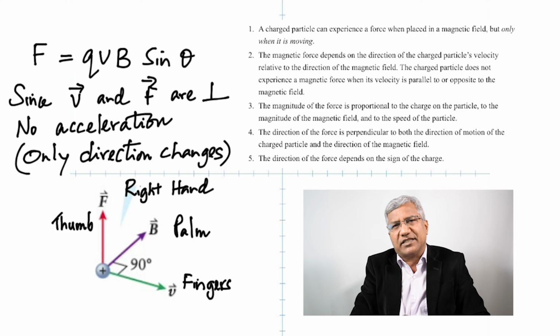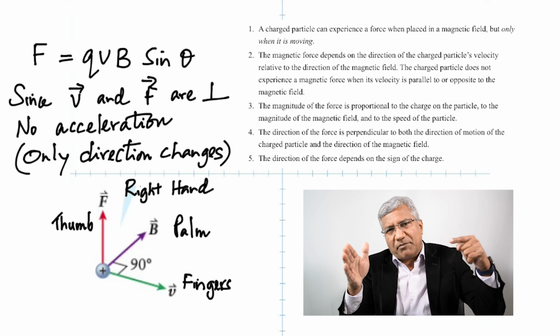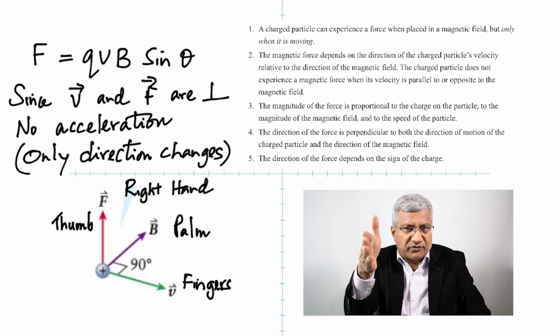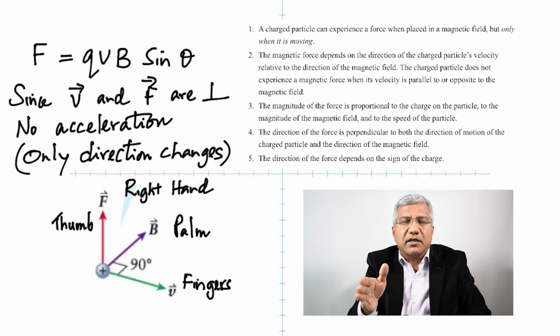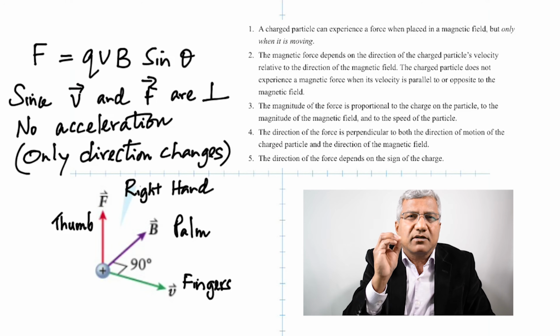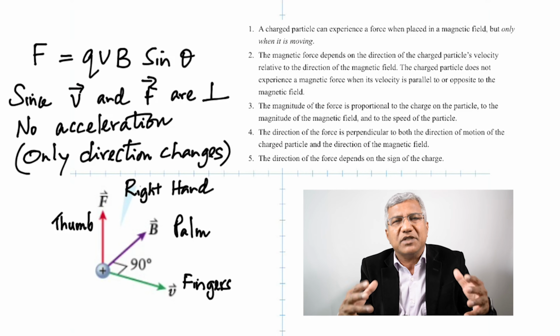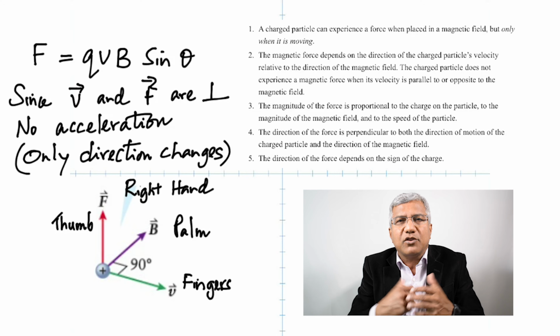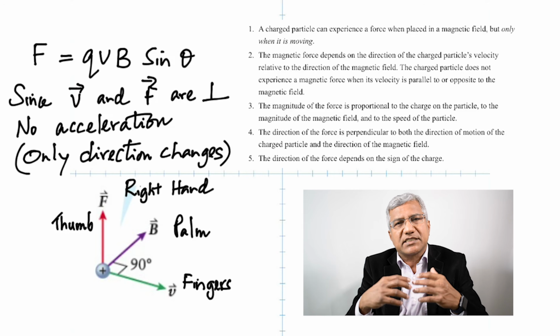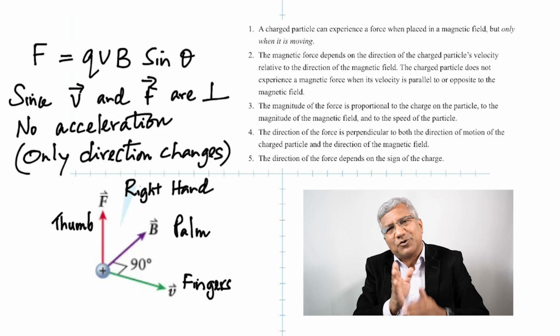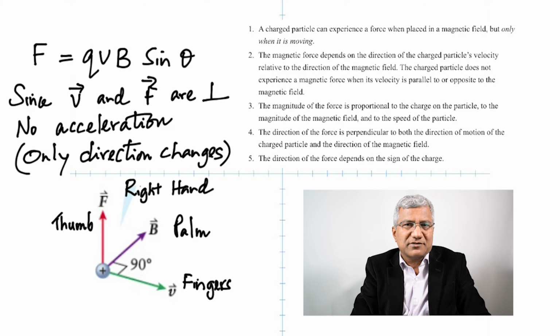If a particle enters perpendicular to a magnetic field, then the magnitude of its velocity will not change. So if it's entering at 10 meters per second, even though a force acts on it, its speed will continue to be 10 meters per second, only the direction of motion will change.